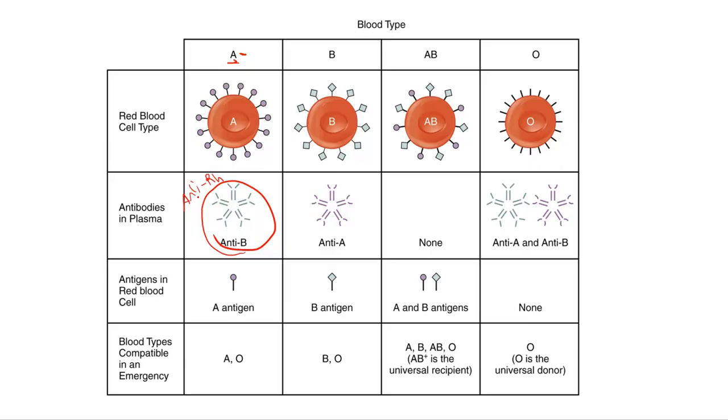So even if they mounted an immune response several days later against the Rh antigen that you gave them, likely by that point they've already stabilized, they've already started making their own blood cells again, and they've got enough fluids and their blood pressure is intact. Their body could attack their blood cells, but by that point they're already stable.